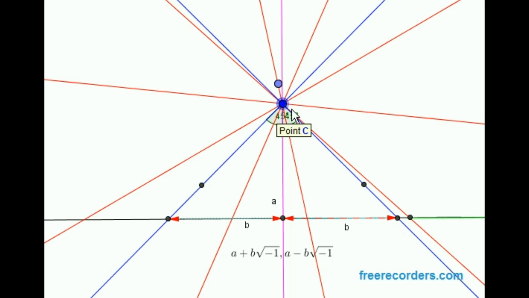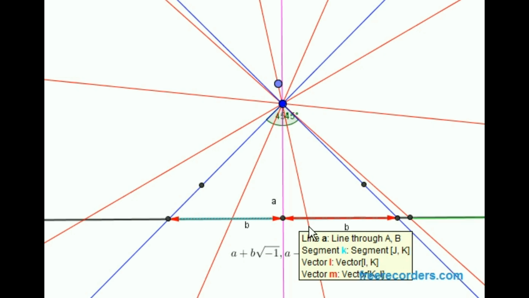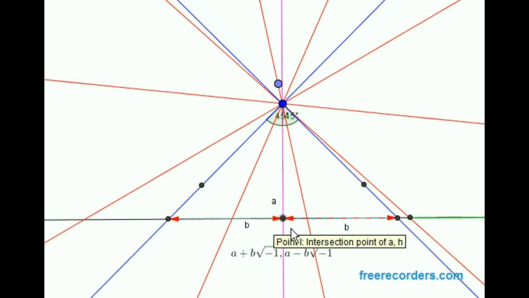But anyway, if we drop these 45-degree angles and we find where they hit the line, and then we measure these two intervals from this sort of middle point, which gives the real part of our complex fixed point, well, the size of each of these two intervals will be the same, and it will be equal to b, and we can call b the imaginary component of these complex fixed points.